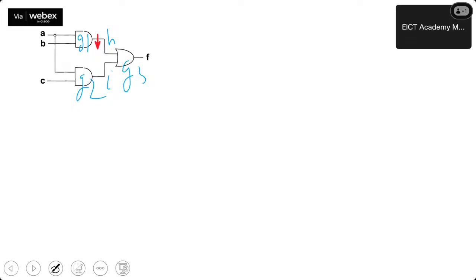Now instead of df upon dx, I need df upon dh, but h is not the input. So first of all, I need to write h is equal to ab. That is the thing. And f I have to write in terms of h. H is not the primary input, but still, since I have to create the Boolean difference, this is how I can write it.